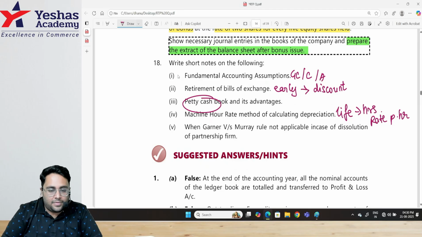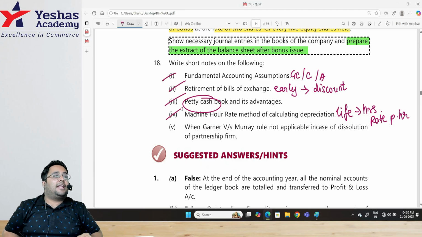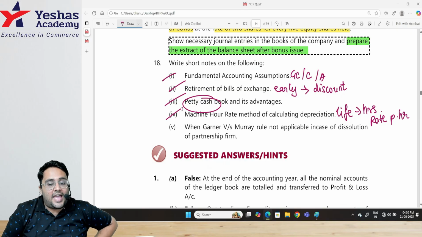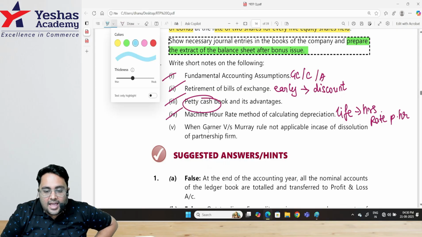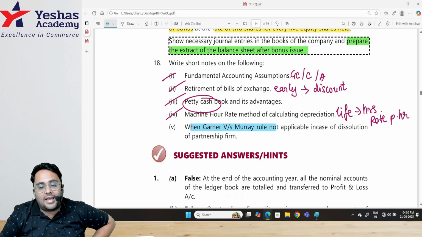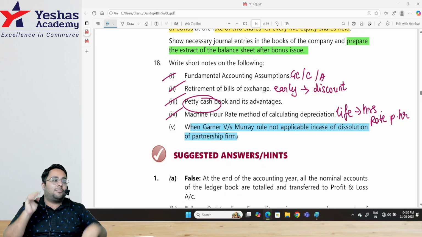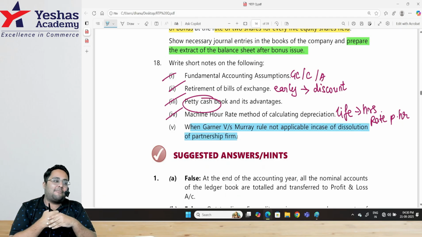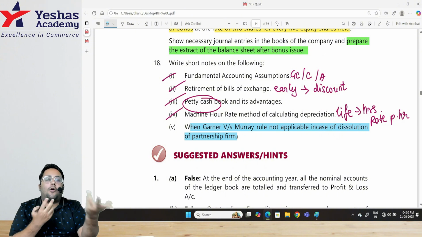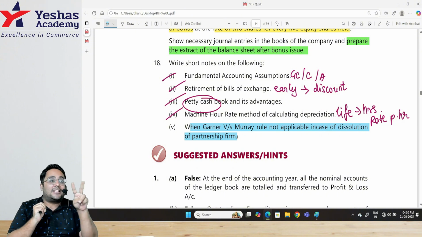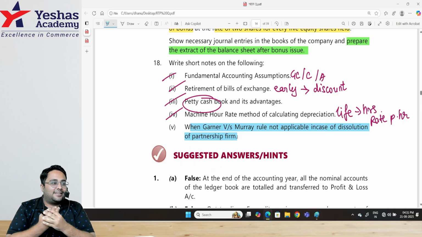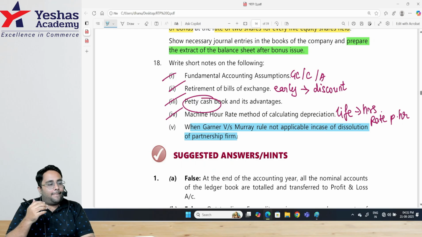This was simple. I want you to think and tell me the last point. When is Garner versus Murray not applicable in case of dissolution of partnership firm? Think for 30 seconds and then give me an answer. Case 1, when all partners are solvent. Case 2. When there is an agreement between the partners.